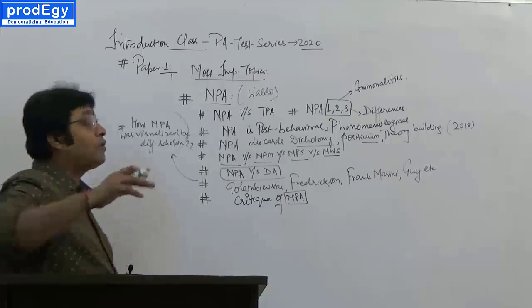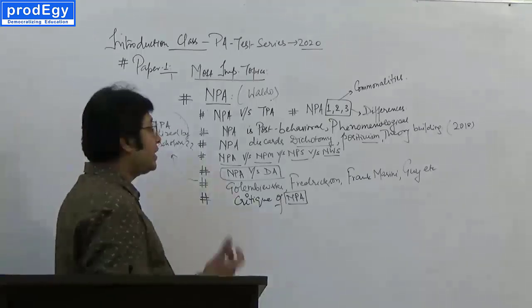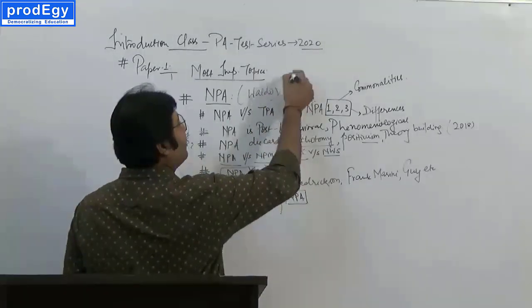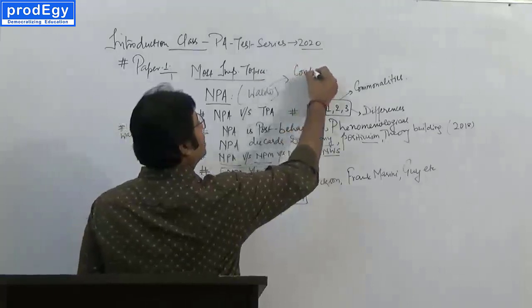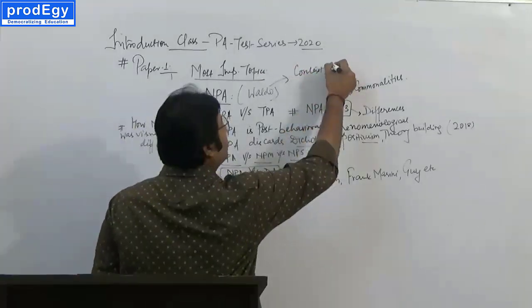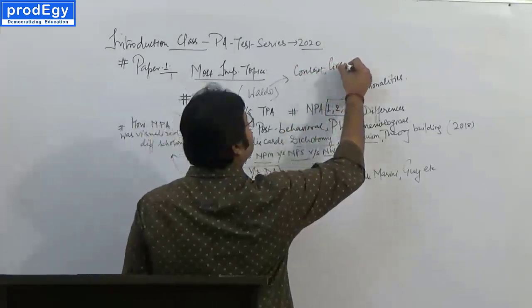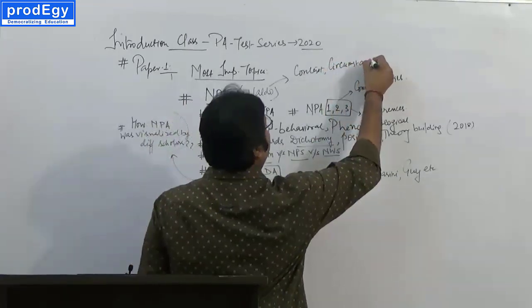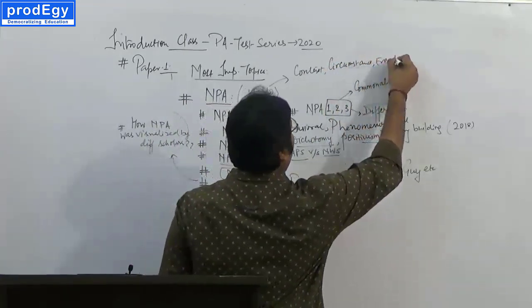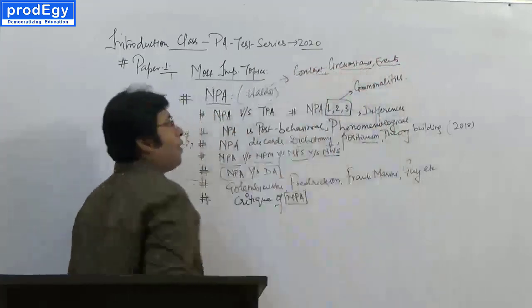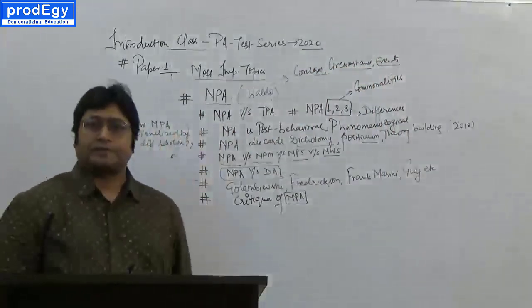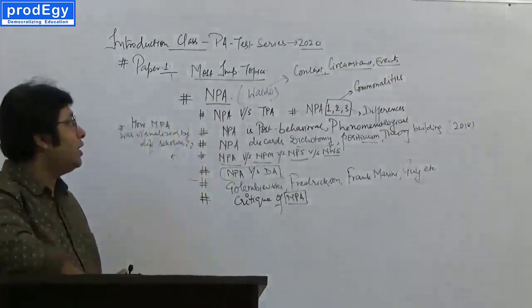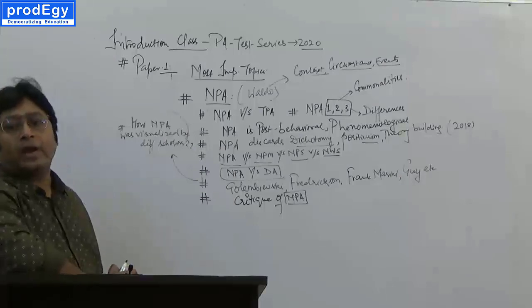Then there were a number of events which led to the emergence of NPA. So, what was the context? What were the circumstances? What were the events that led to the emergence of NPA? That is also very important.